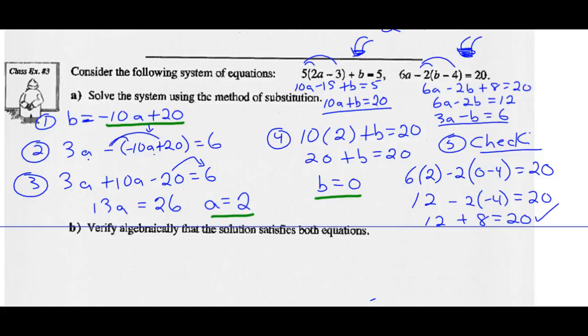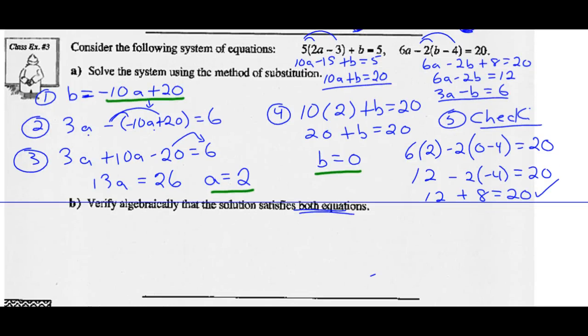It tells us here to verify in both equations. So let's also check in the first equation. So I've got 5 times 2 times 2a, a is 2, minus 3, plus b, which is 0, should equal 5.